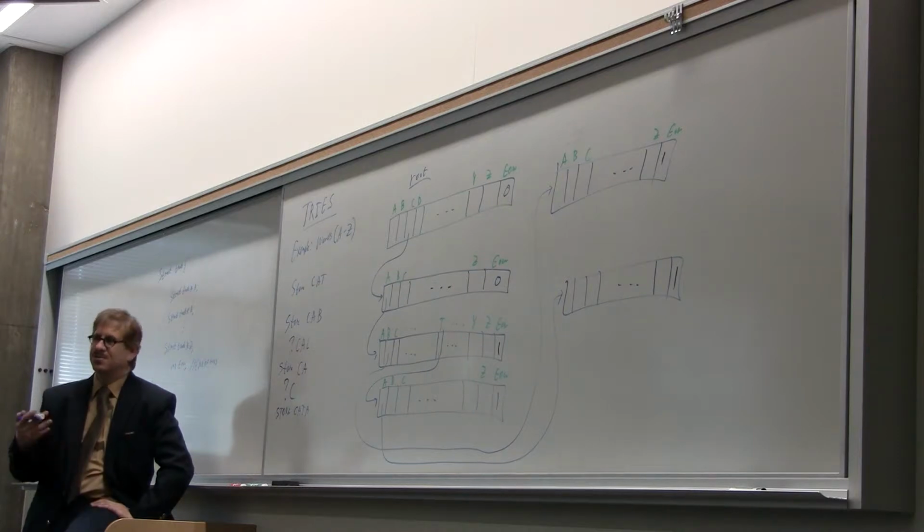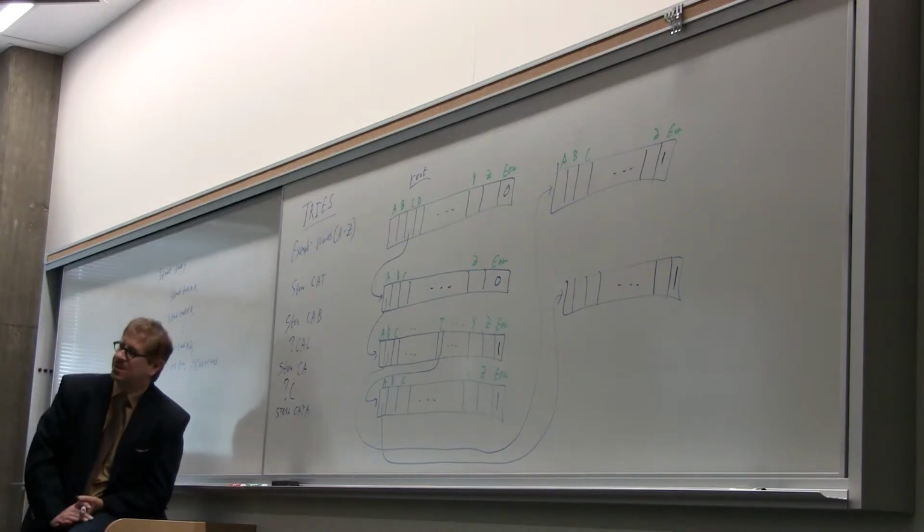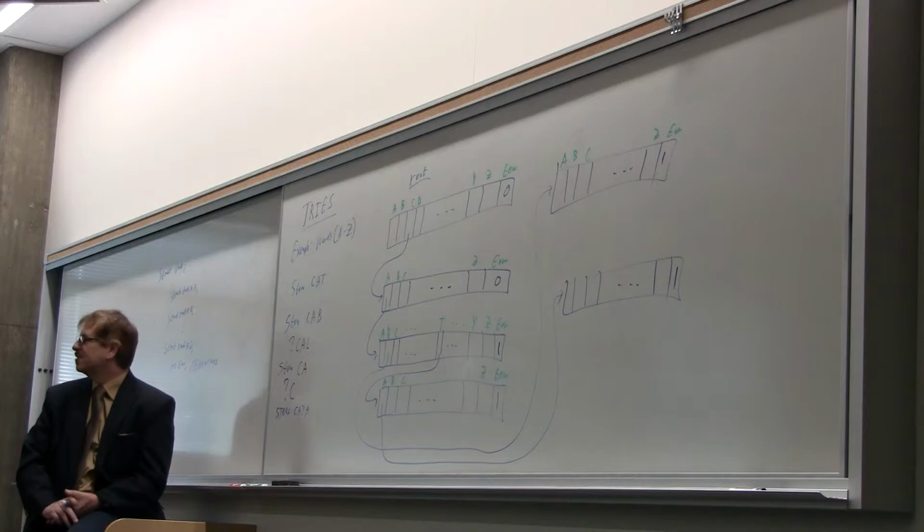So if you're storing a dictionary of English words, and let's say your words are never longer than 20 letters, you never have to do more than 20 operations. Doesn't matter how many words you store. Guaranteed 20 operations, you can find your word or conclude it's not in there.